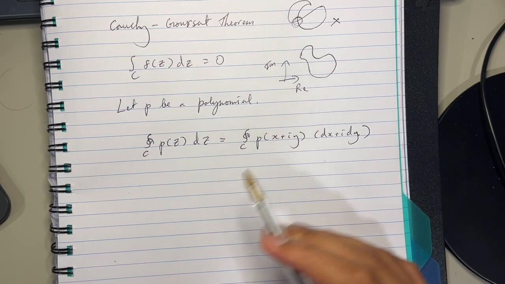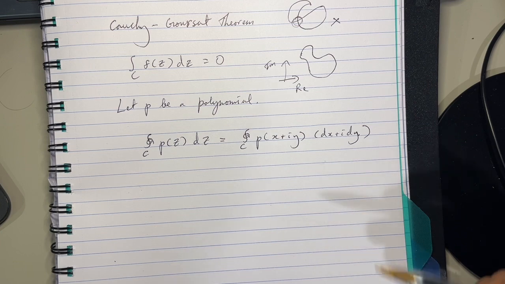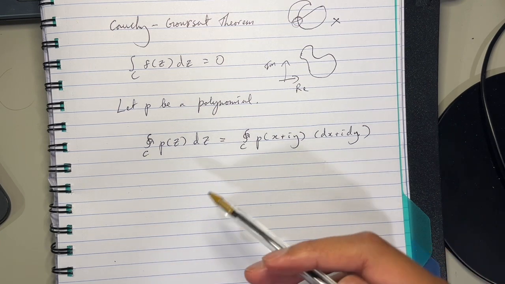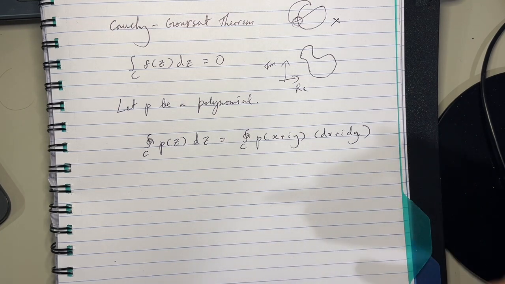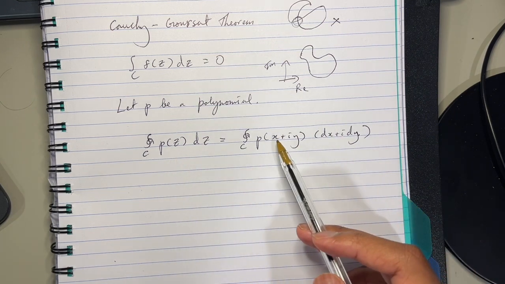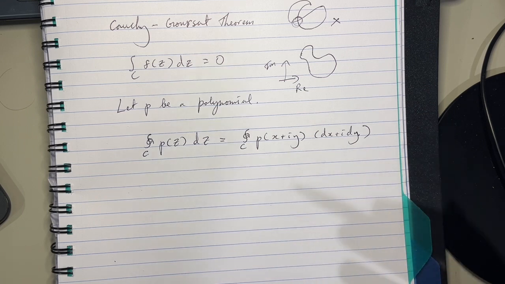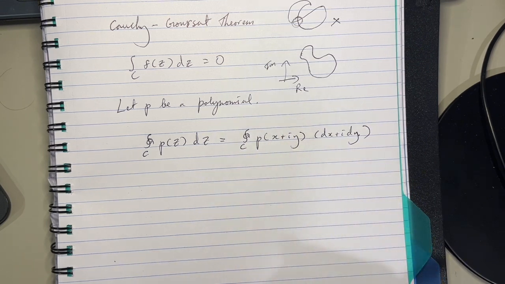Okay, but the thing we're doing is we're making new functions, x and y, which are really functions of z, right? So we really haven't done anything. We're writing the same thing again, but where x is just the real part of z and y is just the imaginary part of z. So we're just doing an extra step, right? We can now separate this out into its real and imaginary parts.